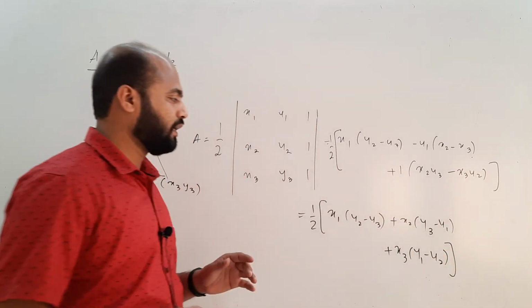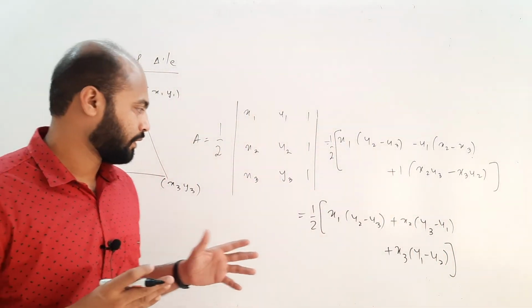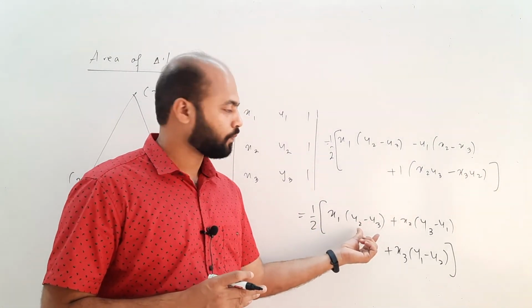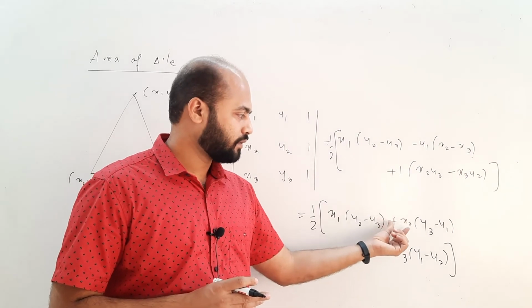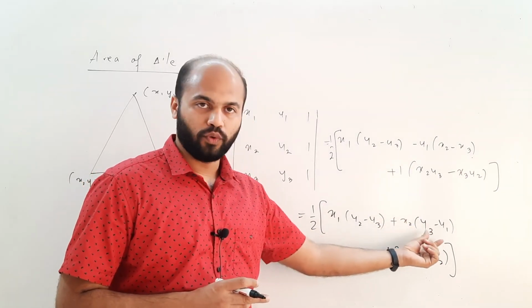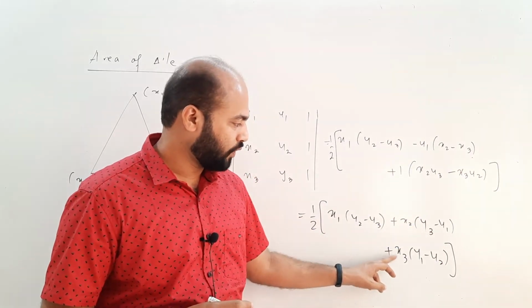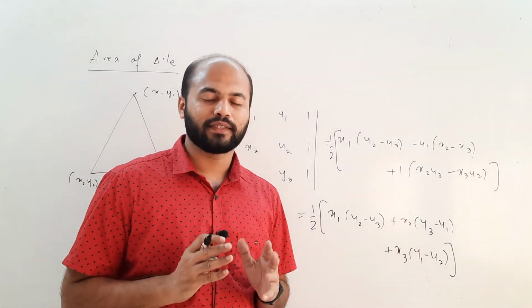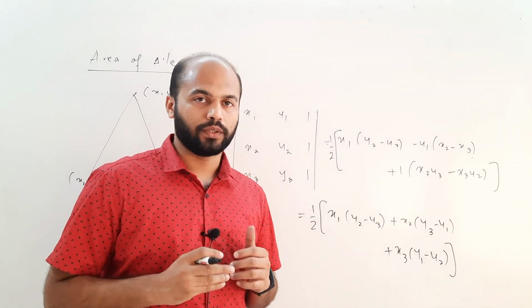So you can clearly remember this with a logic. If 1 comes for x1, then it's going to be 2 and 3 for y. If 2 comes for x, then it's going to be 3 and 1 for y. And lastly, if 3 is there for x, then 1 and 2 for y. So all of them are in a particular sequence, in a particular chronological order, as you can see.